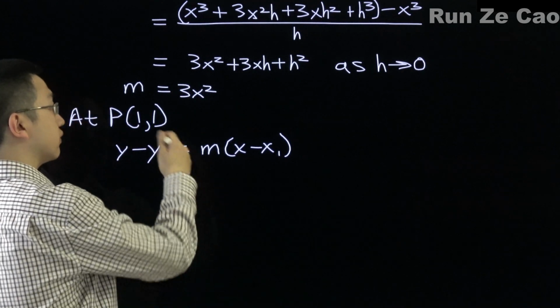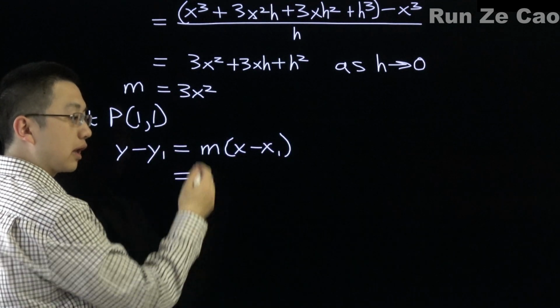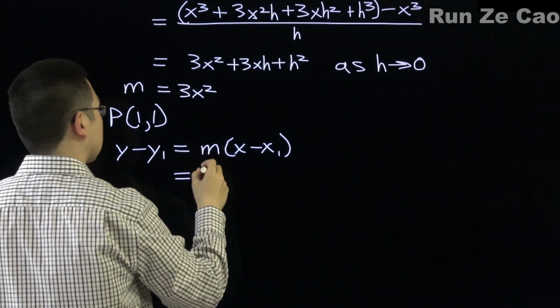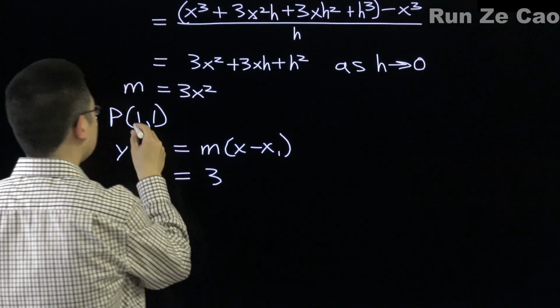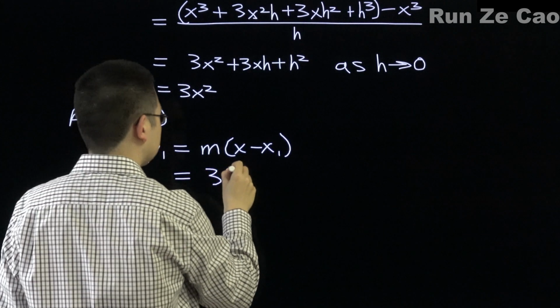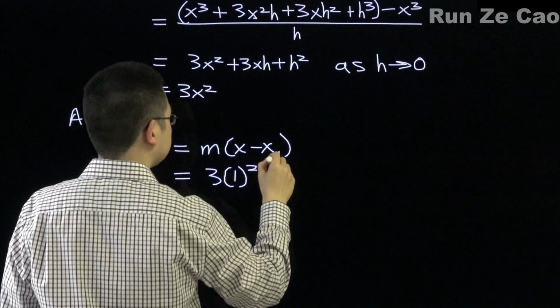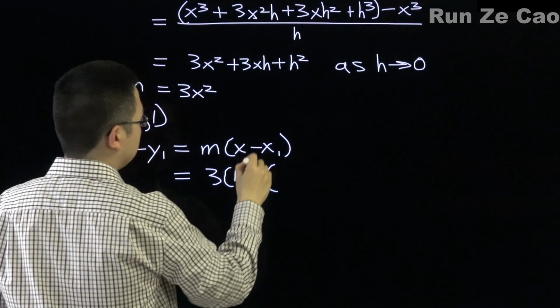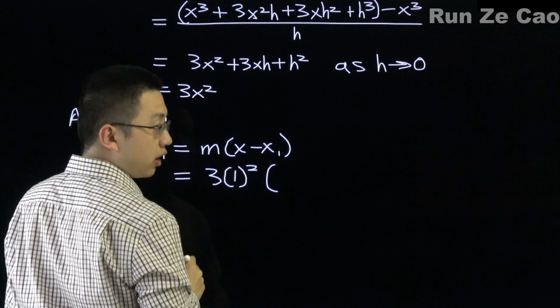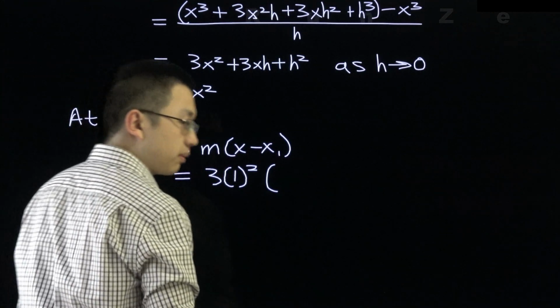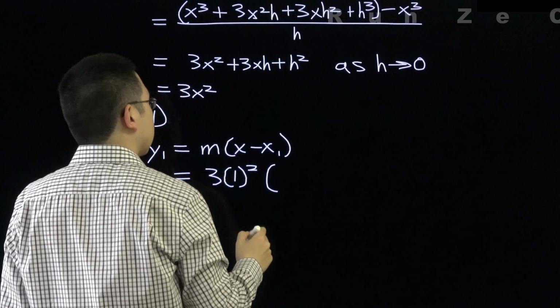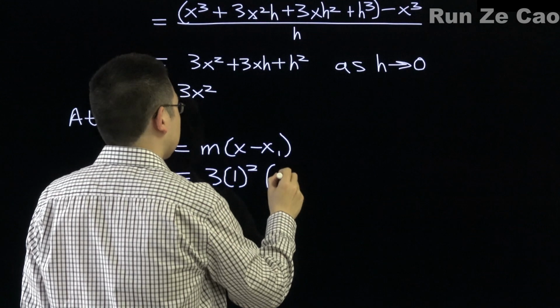We don't just find m first and then plug it in. We just go straight in. So, 3x squared is 3 times x1 squared times, bigger brackets, kind of optional here. If you want to make sure that it's clear that this part is m, please do so, but otherwise, whatever.